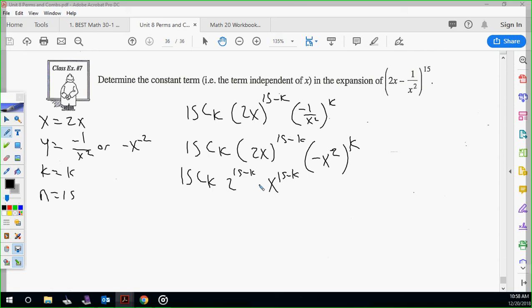I'm going to do the same thing. And then why is there 2 things in the second one? Because there's a -1. So I'm going to go times -1 to the k times x to the -2k. So I times the -2k there.